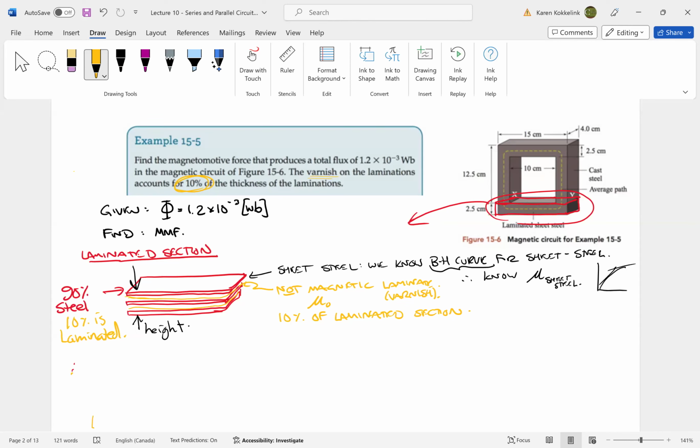Why do we care about the 90% and the 10%? That's geometry.